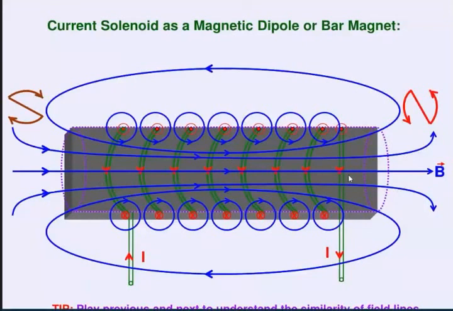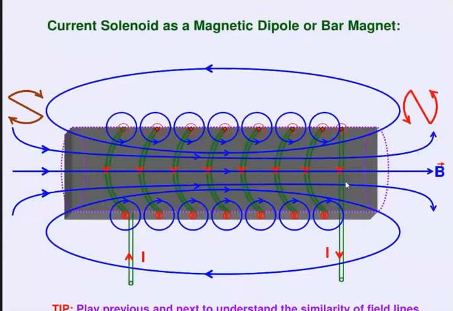So we have concluded that a current carrying solenoid acts as a bar magnet. We have discussed that a single isolated loop will behave as a bar magnet with 2 poles. Then when n such loops are arranged together, it behaves as a bigger bar magnet.